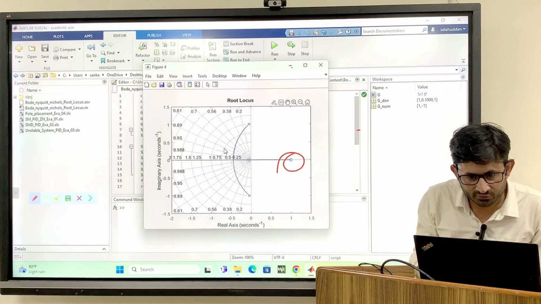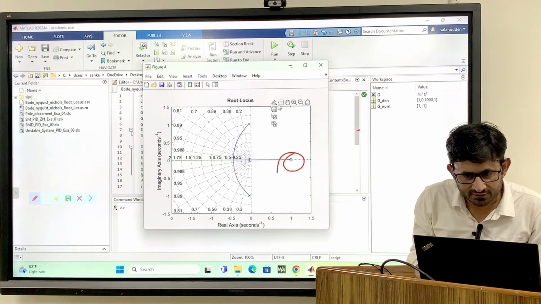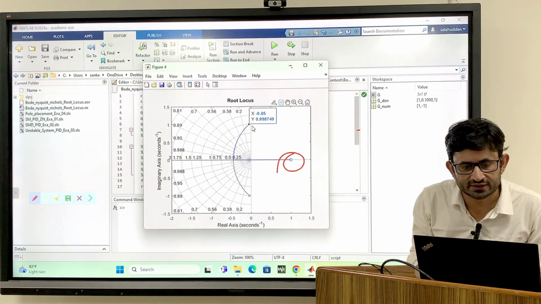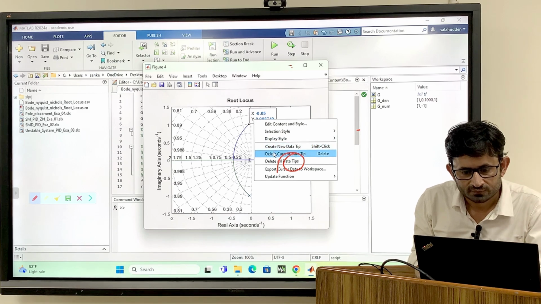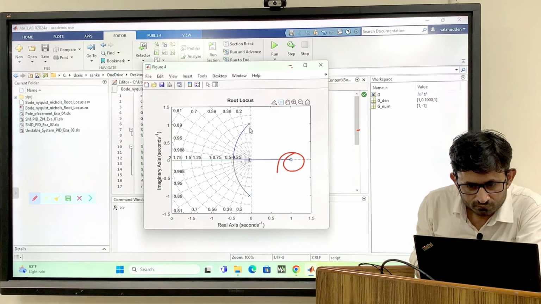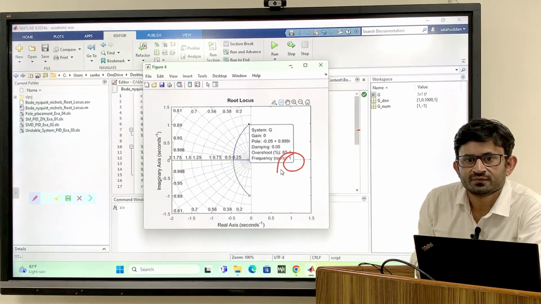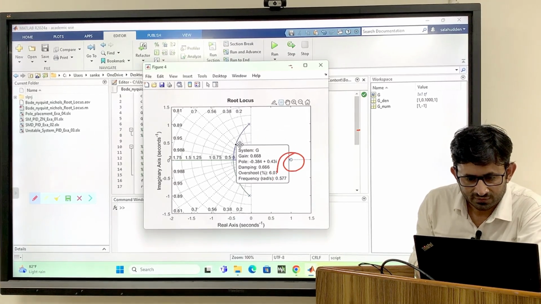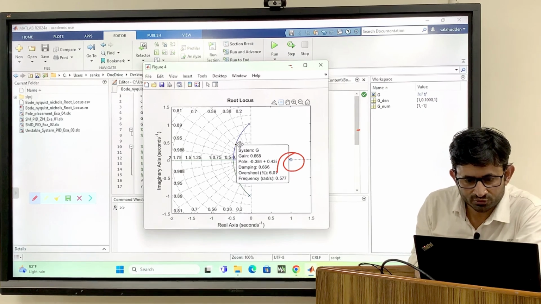You can turn on the grid, okay? And see this. When I take the cursor here, what does this indicate actually? Open loop condition, right? And when you are increasing the gain, now see, when you have a zero, you can actually improve your response.